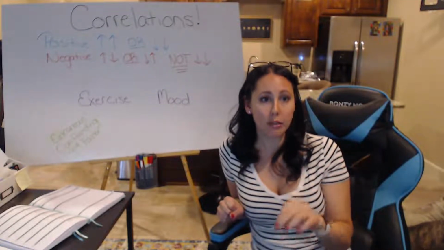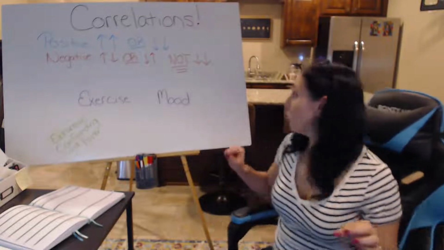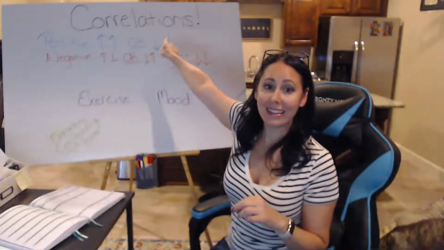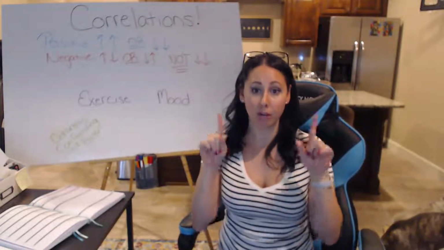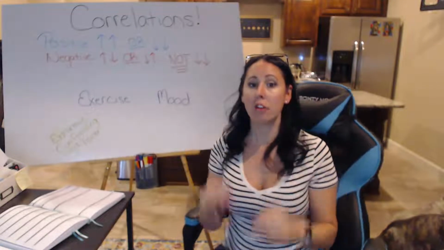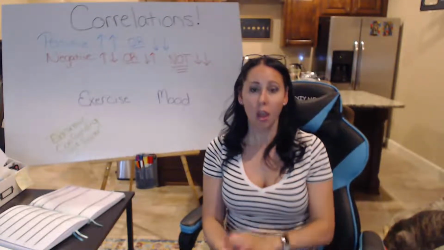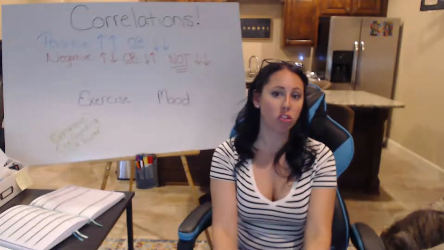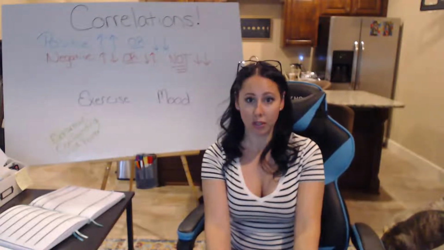With a positive correlation, both of your variables are moving in the same direction, and that can be moving up or moving down. A positive correlation does not have to mean that both variables are moving up. It just means that they're going in the same direction. An example of that might be, your textbook mentions the relationship between the amount of sleep you get in the evening and your mood the next day.